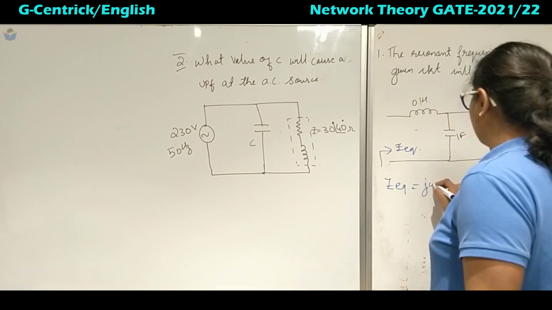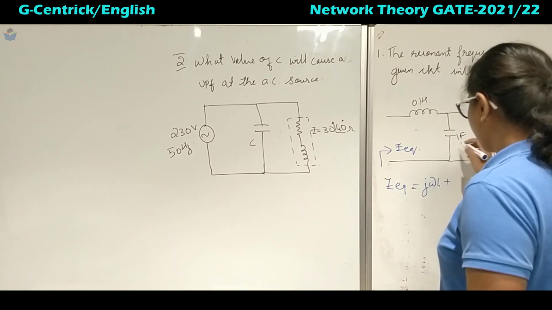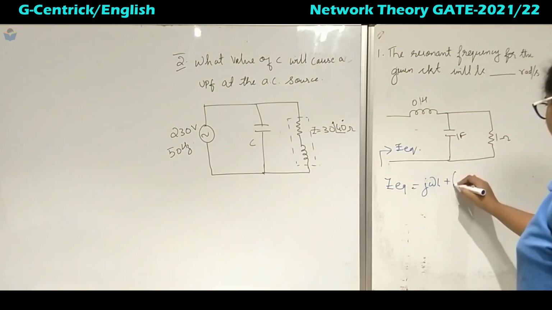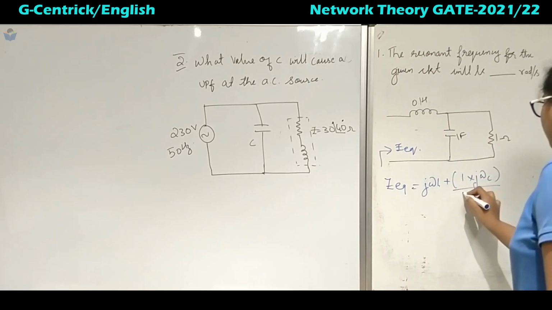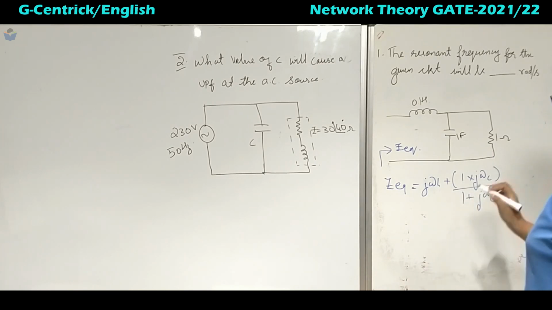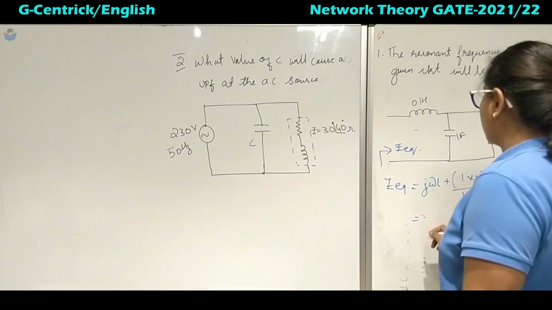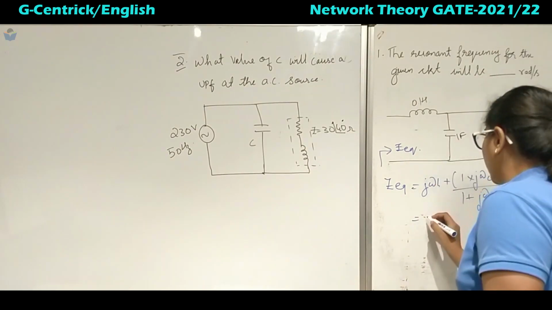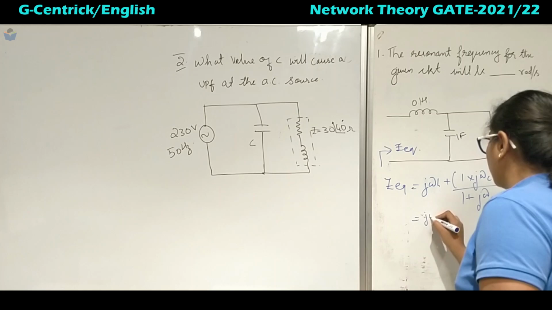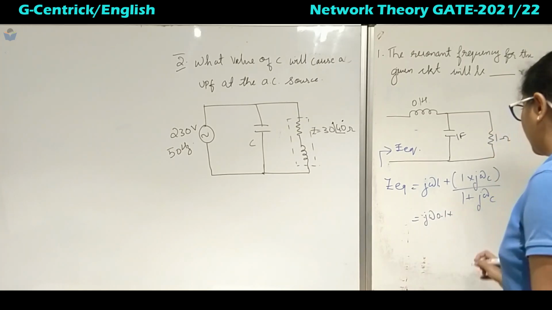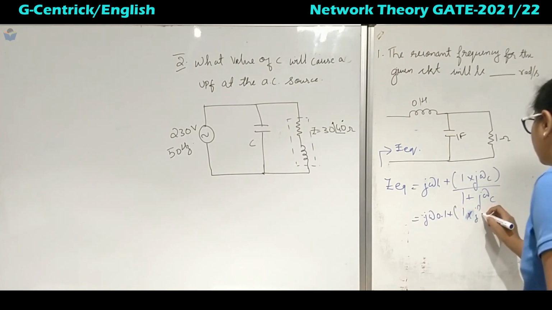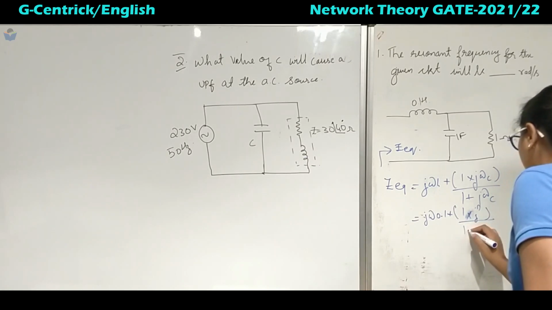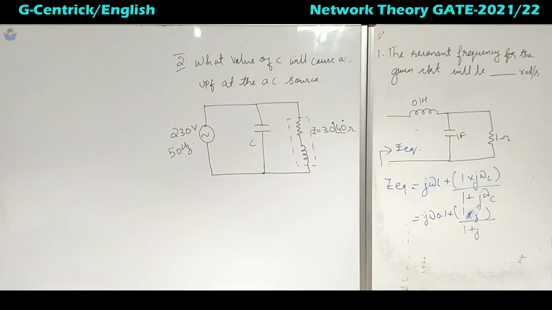So it is j omega L plus 1 into j omega C divided by 1 plus j omega C. Substituting the value of L, we have 0.1, so j omega 0.1 plus j omega over 1 plus j omega.